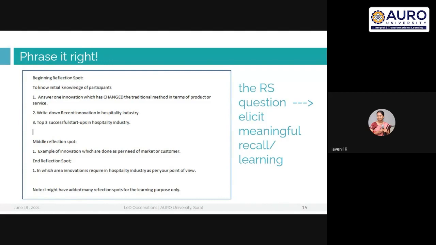So instead of option 3, will it be a good idea to say, think of one successful startup in the hospitality industry and write down the reason for the success that you think underlies it? Do you think that would be a good reflection, which you could then follow up with the content you have planned, about the innovations that led to the success?